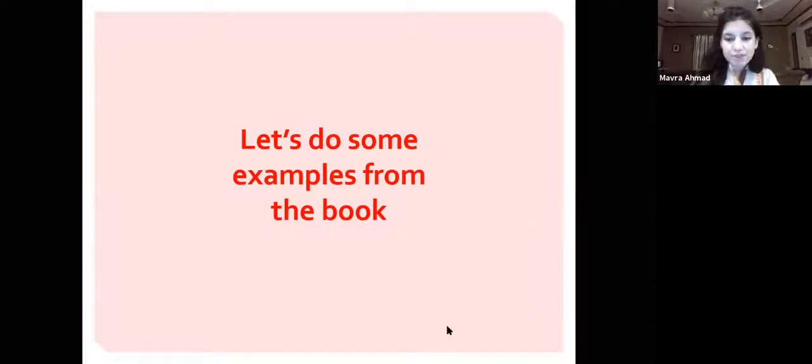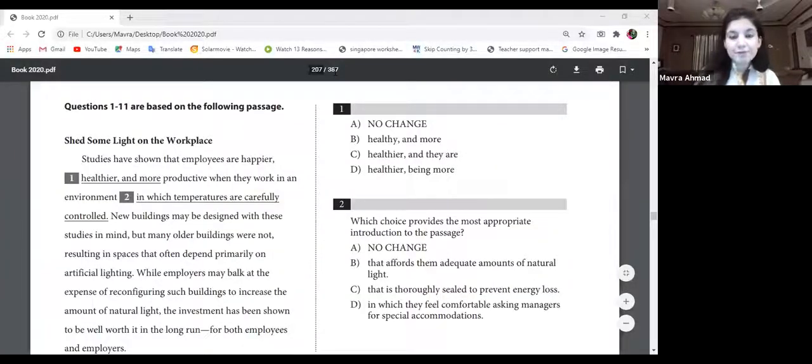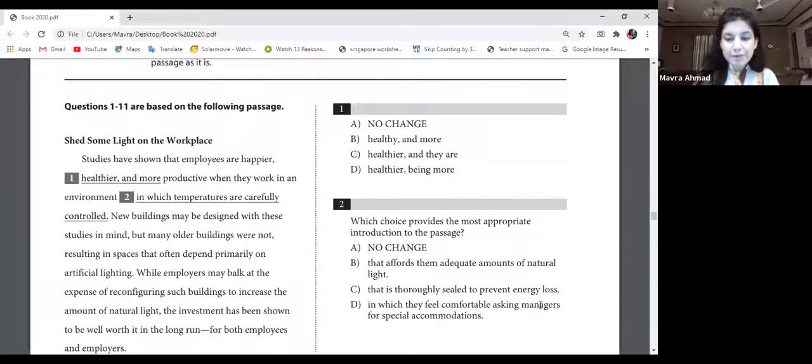I'm just going to share the book with you and you will be viewing the book for a sample passage and a variety of questions. So here we have the book and this is the passage. I'm just quickly going to read it out for you all so that we know what the questions are going to be all about, right?